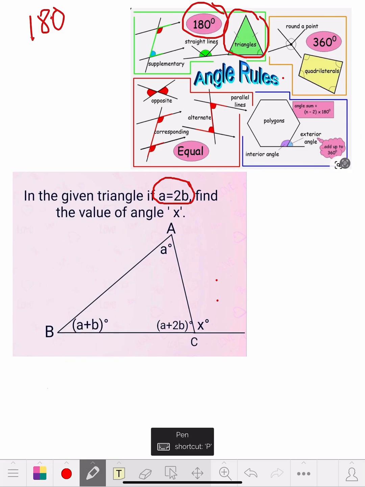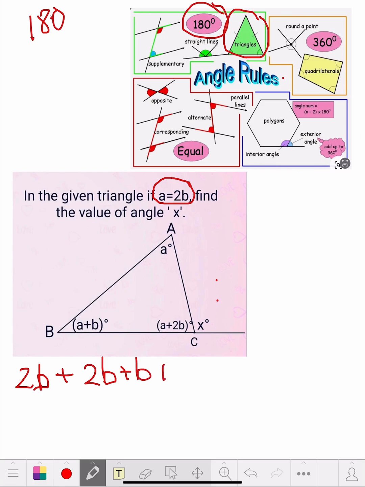So we got 2B plus, now in B it's an A, so we got a 2B plus a 1B, plus B. Now plus, let's go to C. A is there again, so that's a 2B plus 2B equals 180.